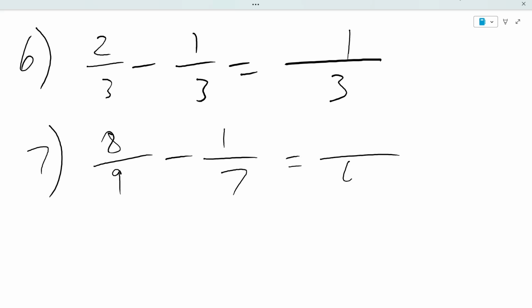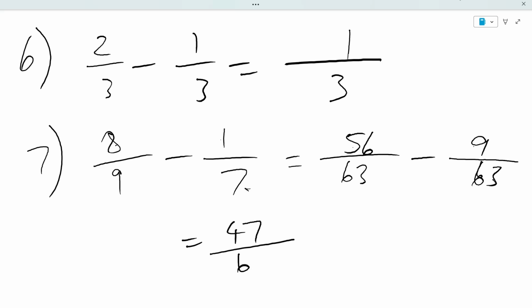We need one thing over 63, and another thing over 63, because that's a common multiple of 9 and 7. 9 times 7 is 63. 8 ninths, well, here to here is times by 7, so here to here times by 7, 56 over 63. And the 7th is times by 9, and so 1 times 9 is 9, and then 56 minus 9 is 47 over 63.